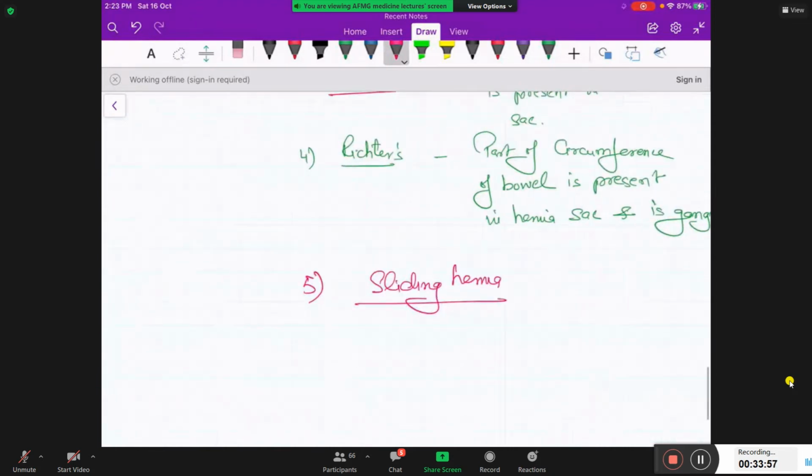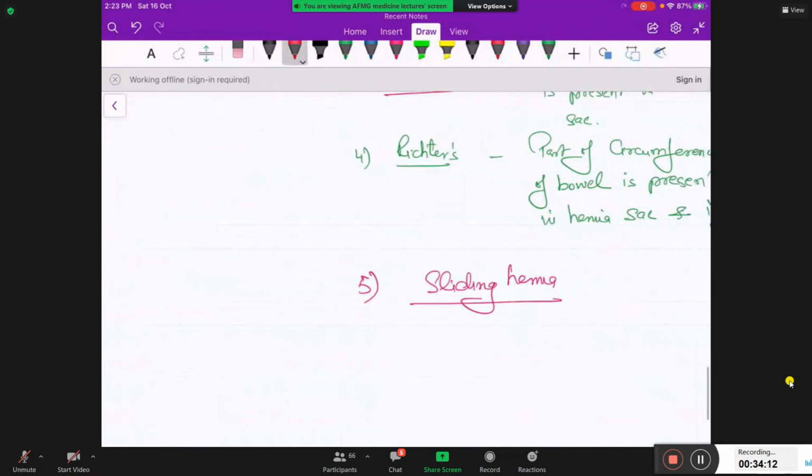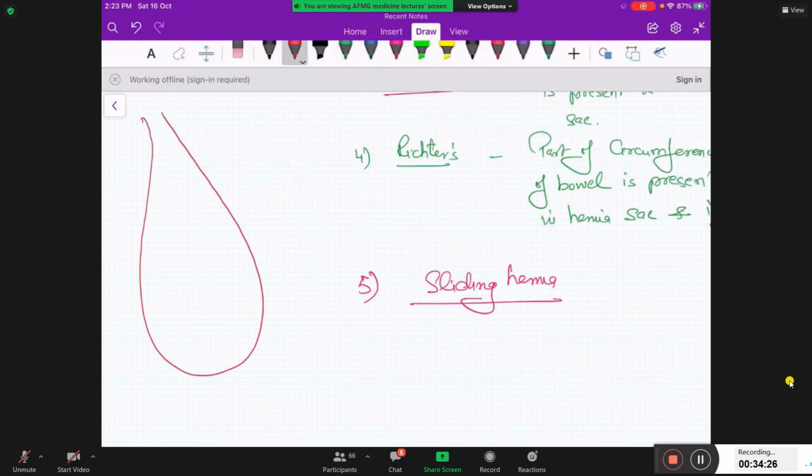Now, this sliding hernia needs special mention. Please try to understand that we already talked about how a hernia is nothing but an outpouching, a protrusion of a viscera or a part of a viscera. Every hernia, be it a ventral hernia or a groin hernia, has a sac, except one hernia which we'll talk about.